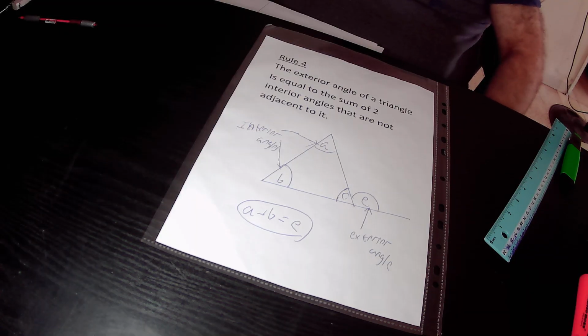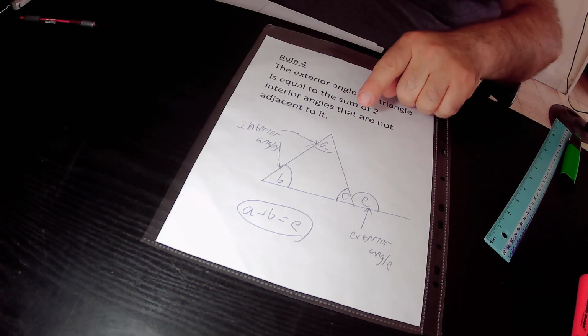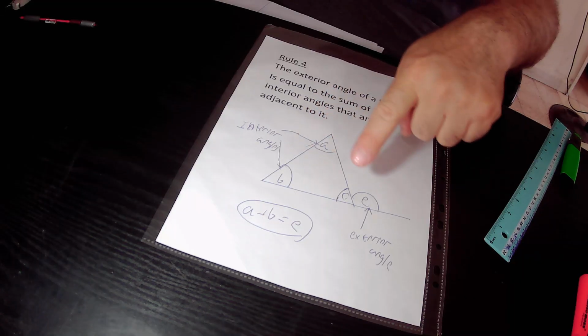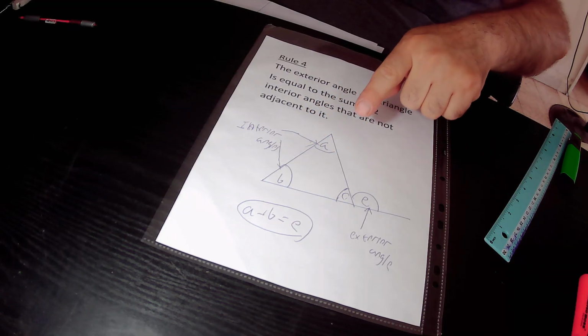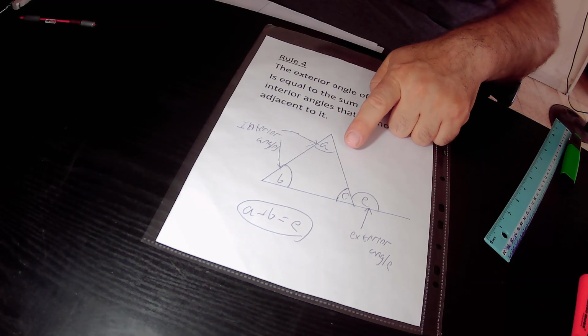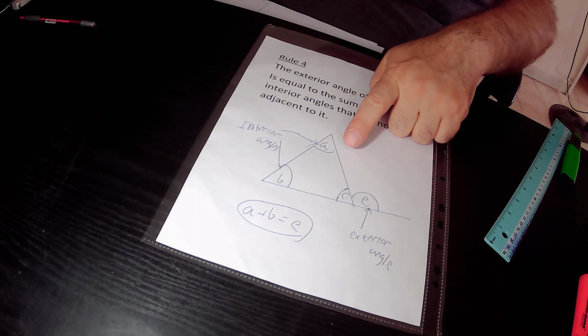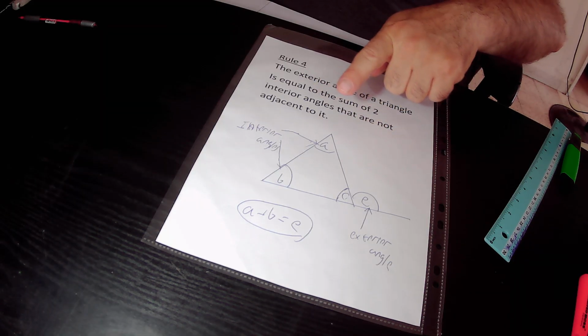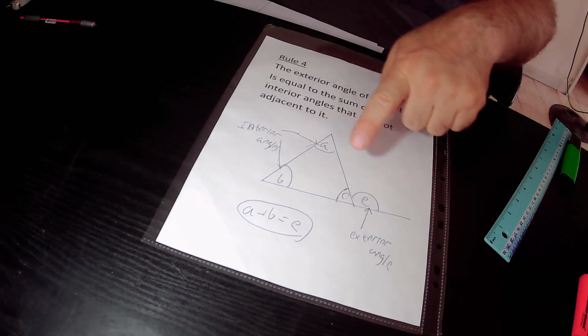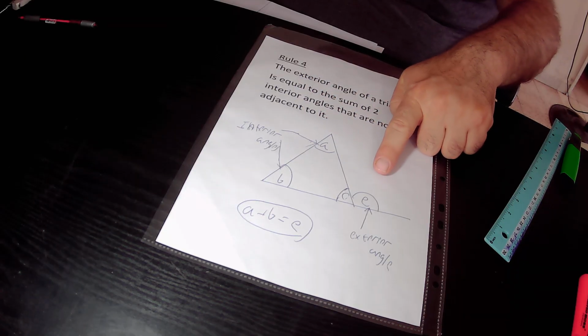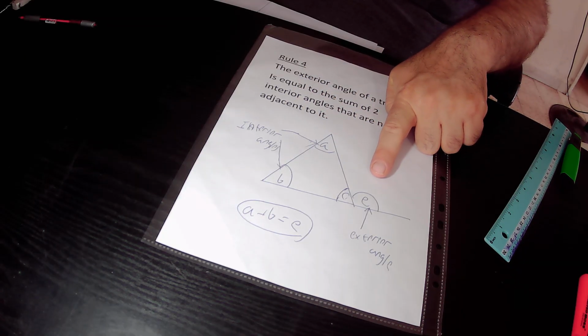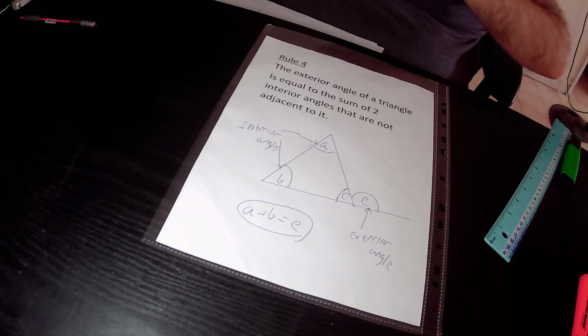So in the drawing, we have a triangle. Inside this triangle, we have three angles, A, B, and C. All those three angles are defined as the interior angles of this triangle, because they are located inside the triangle. While this is angle E, it is located outside this triangle, and therefore it is defined as the exterior angle of this triangle.